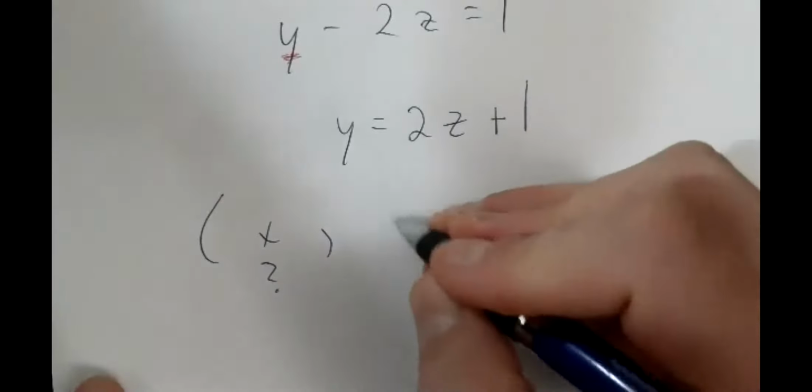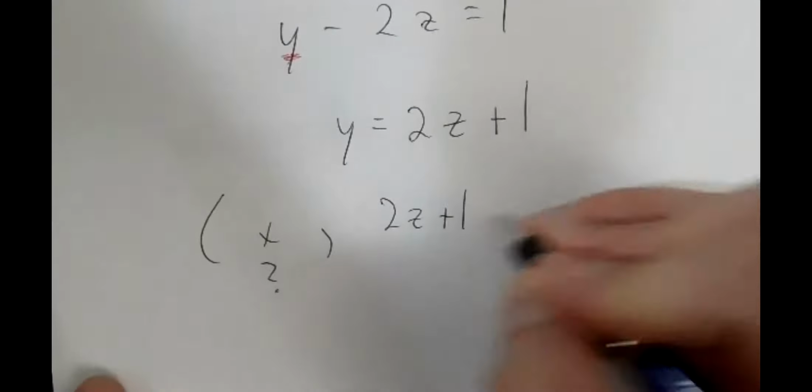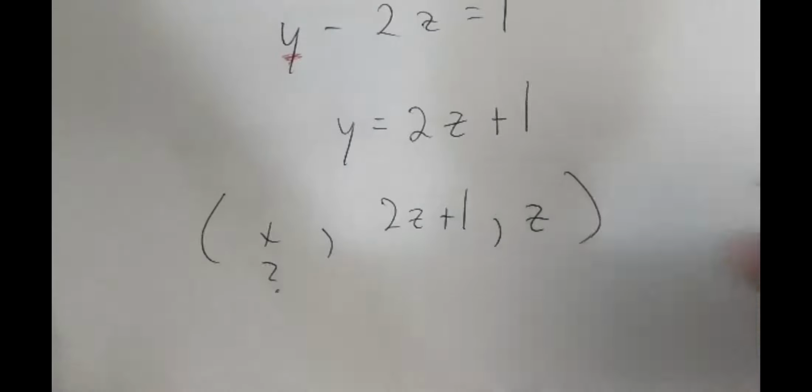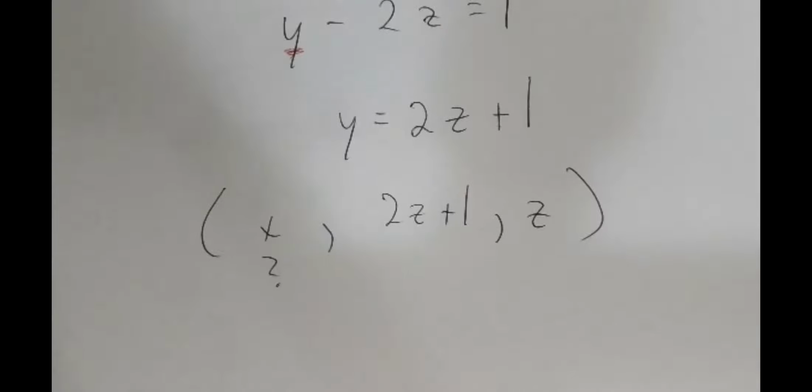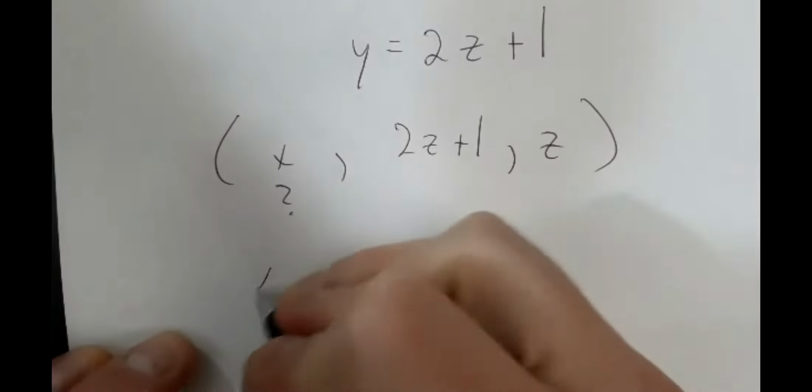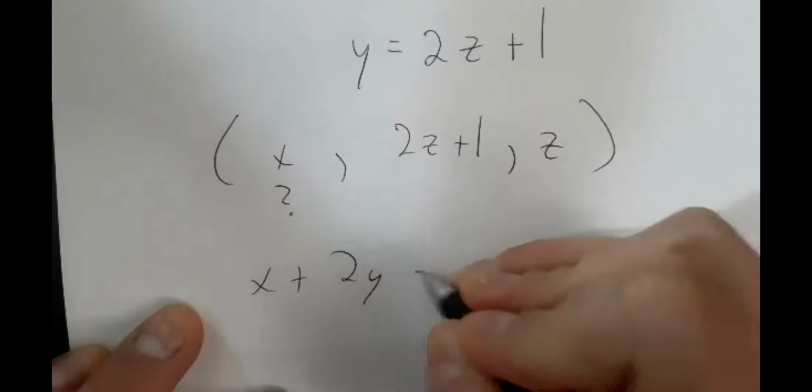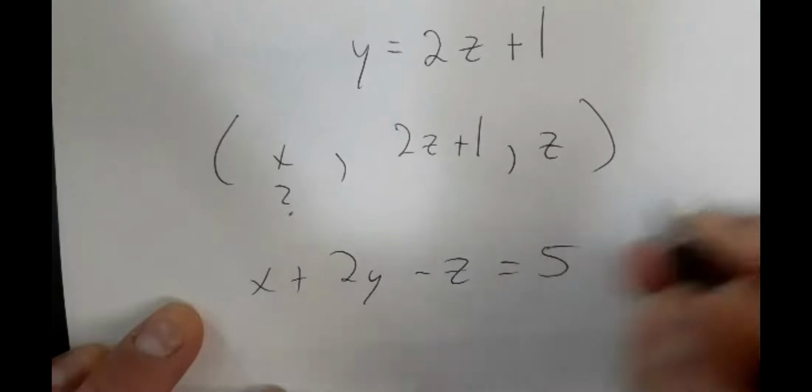My y, I know, and z is as z does. And I used one of the equations to solve for y. I have another equation here that x plus 2y minus z equals 5.